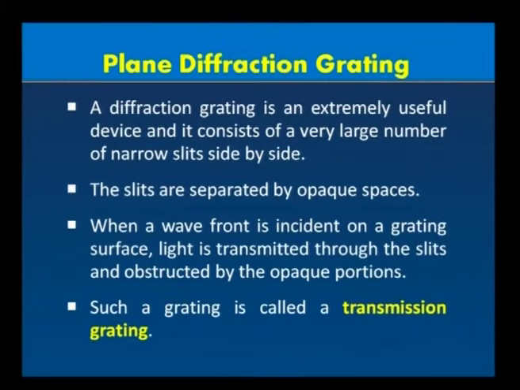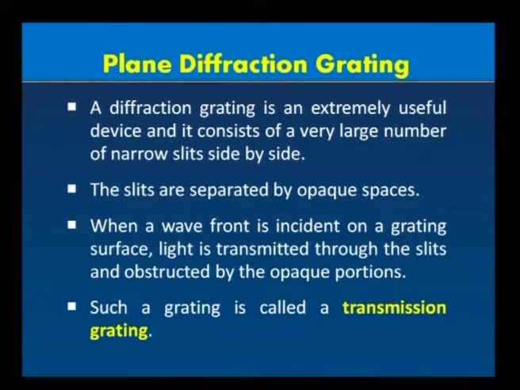So a diffraction grating is an extremely useful device, and it consists of a very large number of narrow slits, not 2 slits, but 15,000 slits placed side by side. The slits are separated by opaque spaces. When a wave front is incident on a grating surface, light is transmitted through the slits and obstructed by the opaque portions. Such a grating is called a transmission grating.